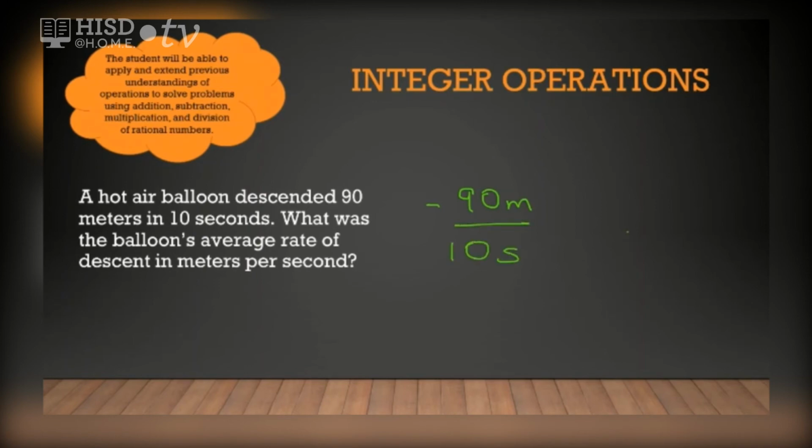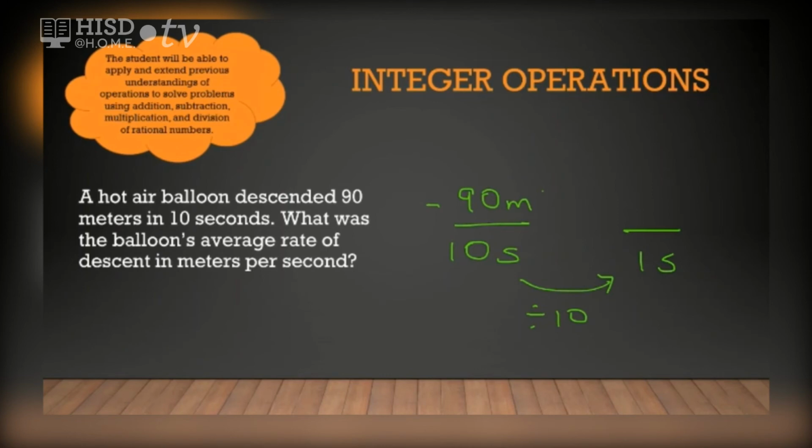And what we want to know is what happens to this fraction when the seconds become only 1 second. And we have to remember that the relationship between these two denominators is that the 10 has to be divided by 10 in order to become 1.